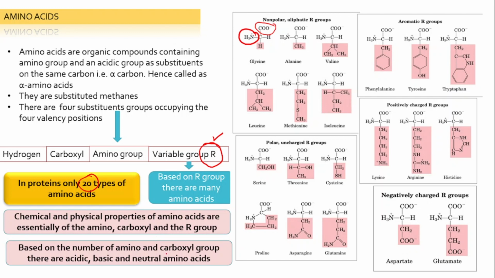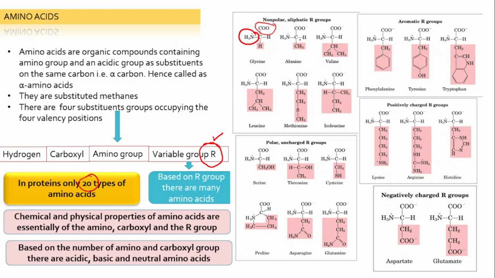Based on the number of amino and carboxyl groups, there are acidic, basic, and neutral amino acids. Here we have glycine, alanine, and here we have NH3 plus, that is the amino group with a positive charge, and COO minus with a negative charge. We can also say zwitterionic form because we have an equal number of cations and anions here.